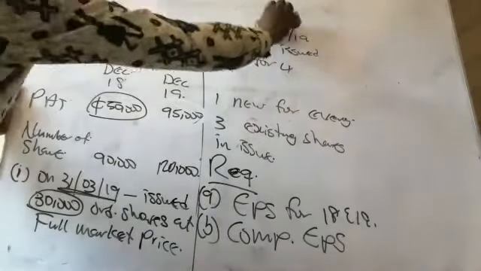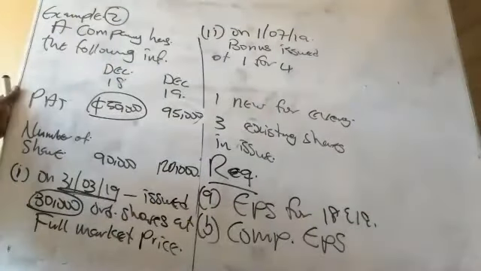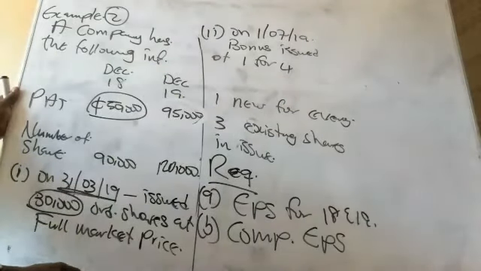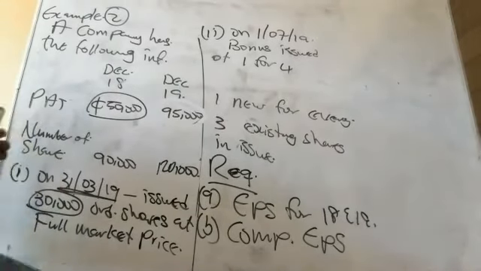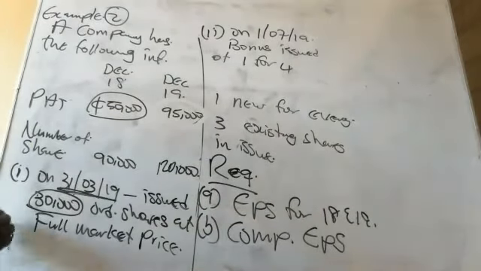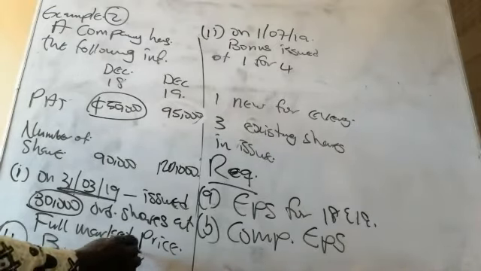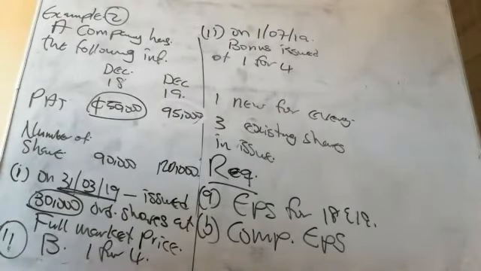Please, I'm going to take this section off to produce the solution there. So kindly take a screenshot of this section for me. I can even write a note here: bonus of 1 for 4. So that I'll take it off.